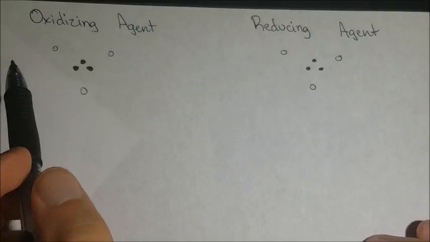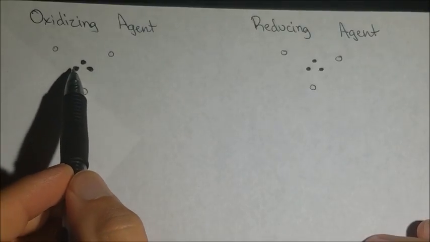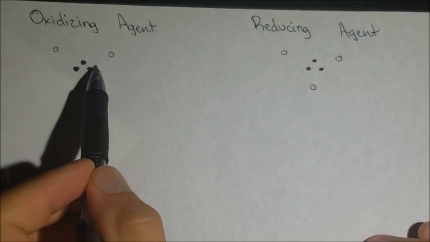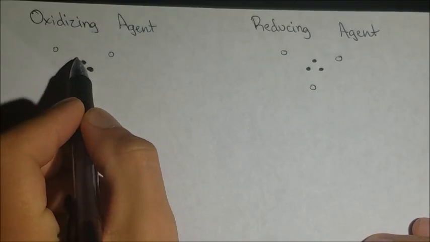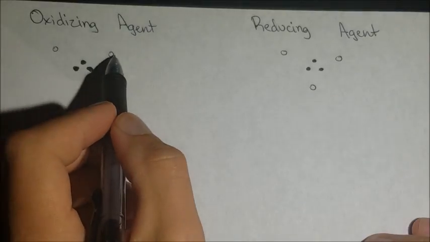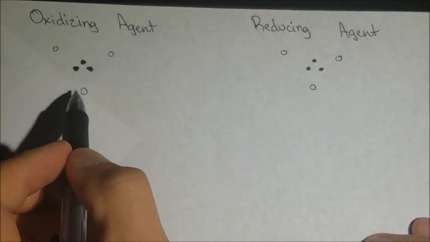So here I've got a couple different, say, atoms. Say I got an atom here that has some electrons, and here I've got three other atoms that have an electron as well.